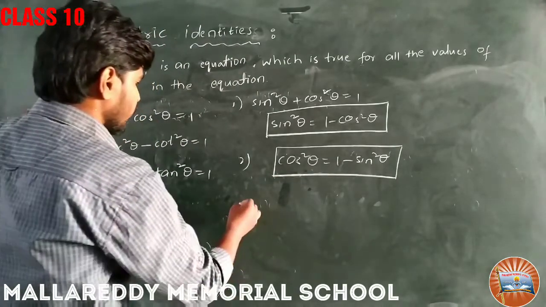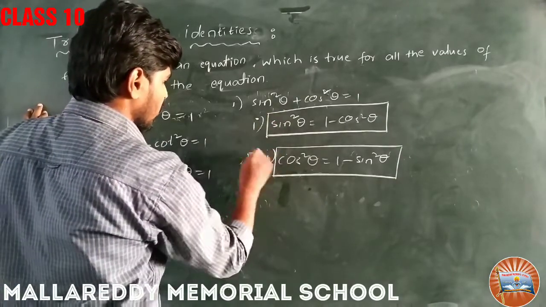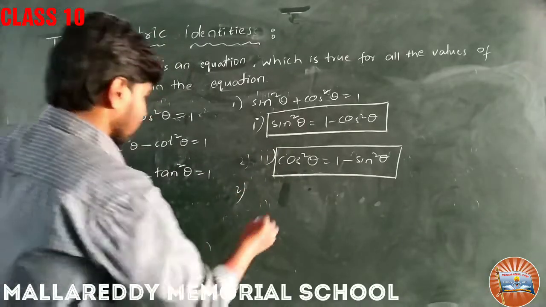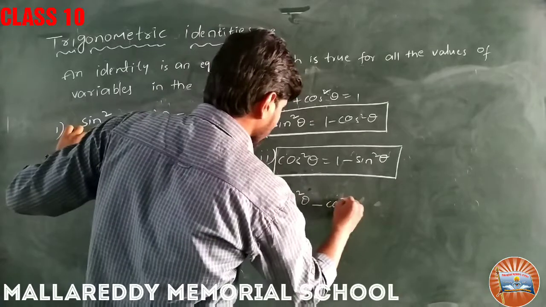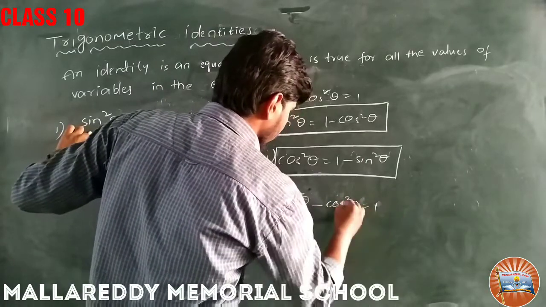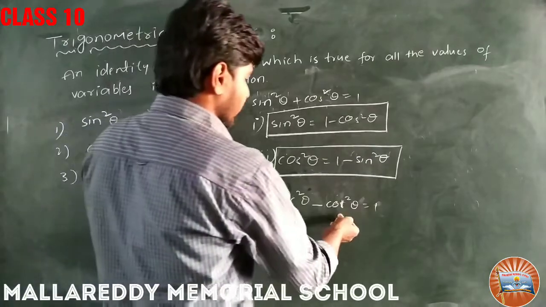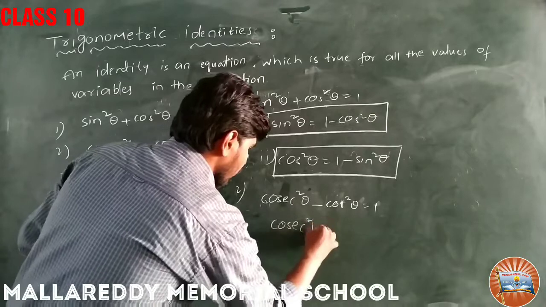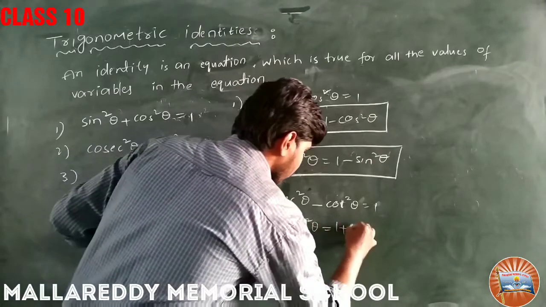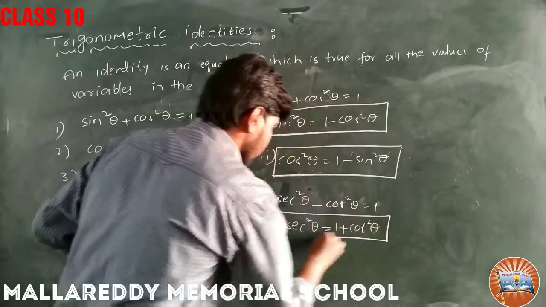Next, the second identity: cosec square theta minus cot square theta equals 1. If you bring this cot square theta to the RHS, cosec square theta equals 1 plus cot square theta. This is one more.